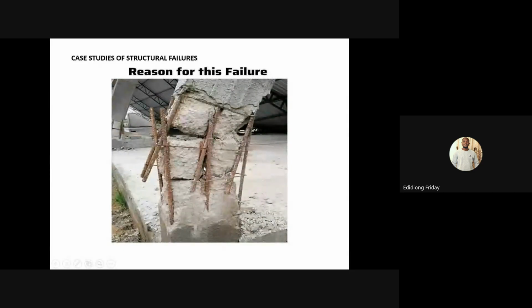Wherever there is a joining of reinforcement, the lap length has a higher probability for shear to occur. You can see this is as a result of shear. If you're using one reinforcement from the foundation all the way to the first floor level, then you don't have a problem with this.